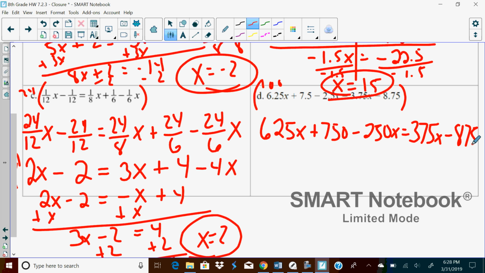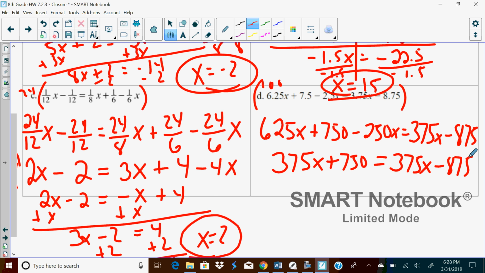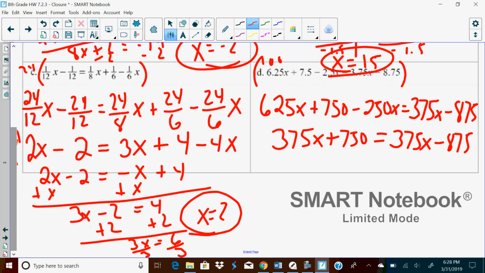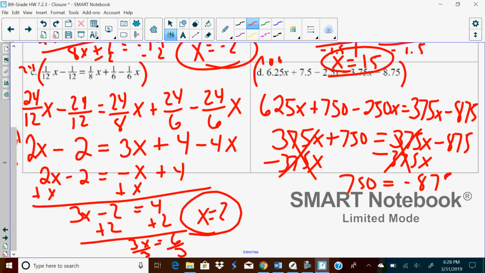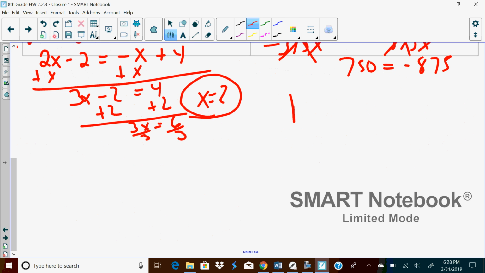So I subtracted those. I got 375x plus 750, equals 375x minus 875, minus 375x to both sides. Both canceled. So I got 750 equals negative 875. So my answer was no solution.